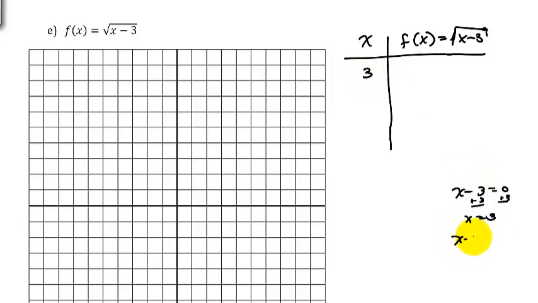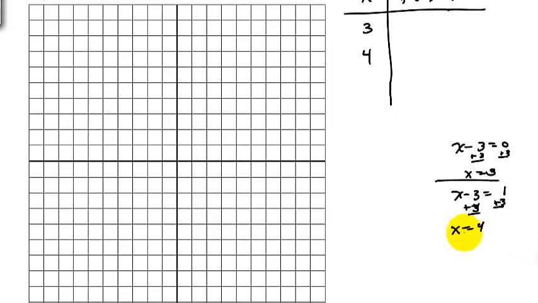And then I want x minus 3 to be equal to 1. And so if I add 3 to both sides of this, I get x equals 4. And then I want x minus 3 to be equal to 4. And then when I add 3 here, I get x equals 7.